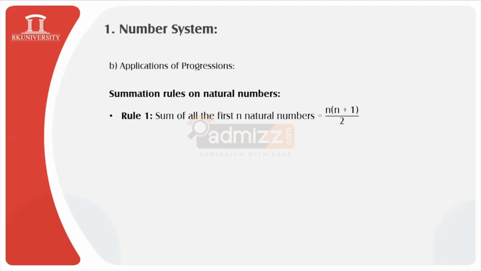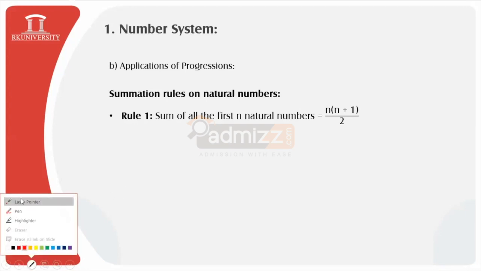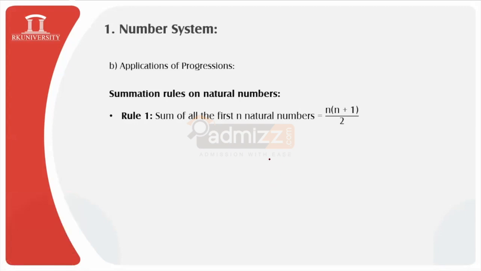Sum of the first n natural numbers. When you have to operate 1 plus 2 plus 3 plus 4 plus 5 plus up to n, at that time you may write n by 2 in the bracket n plus 1.